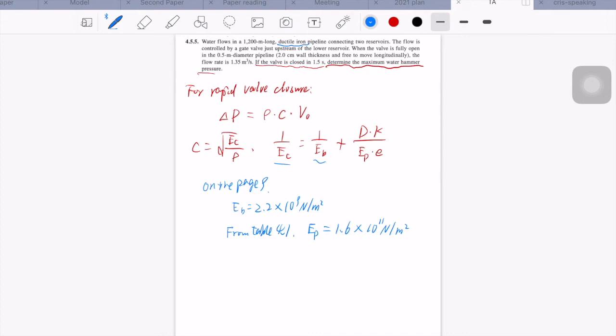And we know the wall thickness for the pipe is 2 centimeter, so E equals 0.02 meter, and the diameter of this pipe is 0.5, so D equals 0.5 meter.